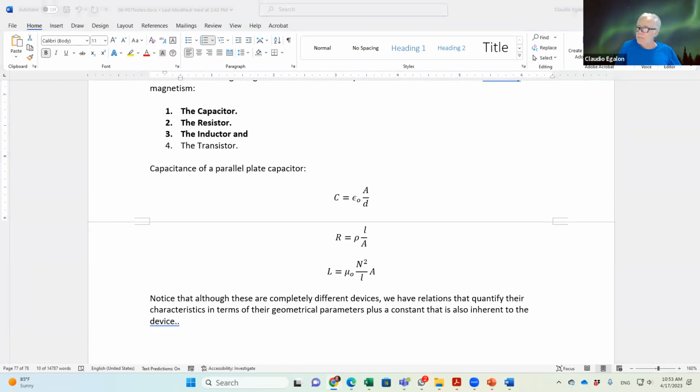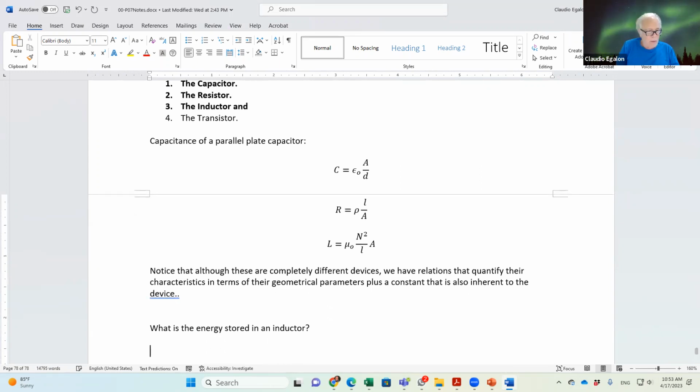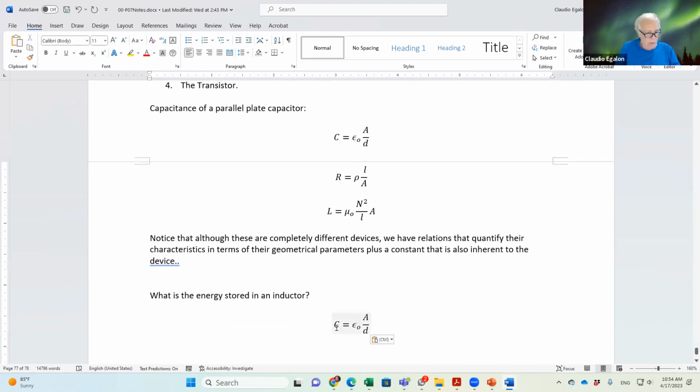Okay. And now we can come up with the energy stored in the inductor. What is the energy? Energy stored in the inductor, right? Okay. For the capacitor, we already know. The energy stored in the capacitor, right?